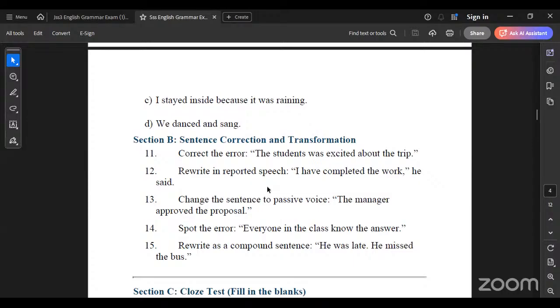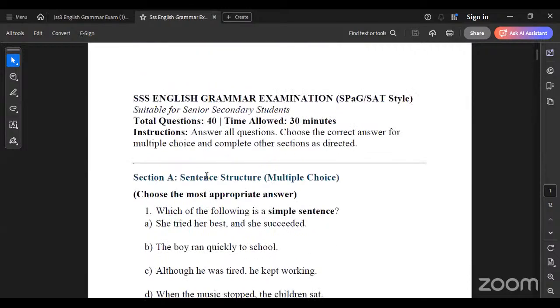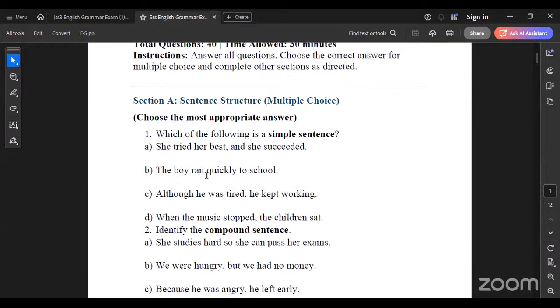Okay, it has one independent and one dependent clause. Good job, well done. So we have sections B and C that we will continue in the next grammar class, but I just wanted to add this one since we just did complex, compound and simple sentences. So let me know if you have questions.